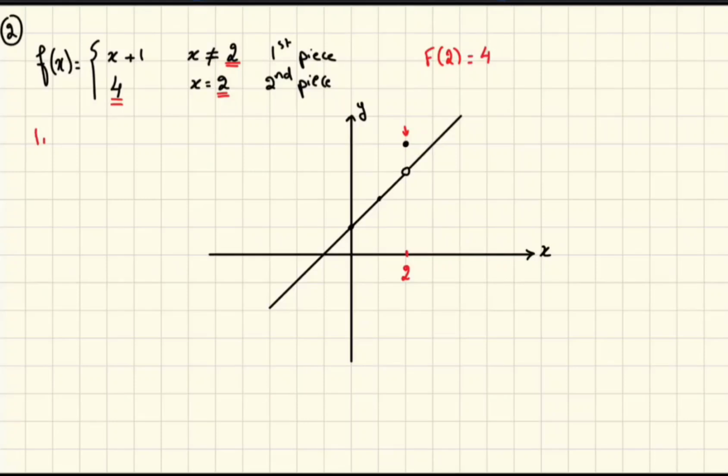However, if they ask what is the limit as x approaches 2 of the function, it doesn't mean that it should be equal to f of 2. These don't need to be equal. So using the graph, let's see how much it is.